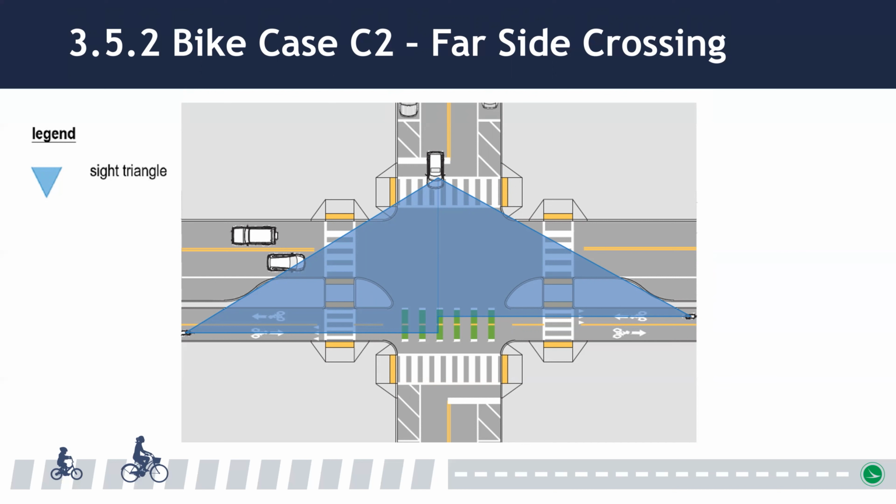As with bike case B, this case creates challenging dynamics that are often difficult to resolve by increasing the size of your sight triangle. In urban areas, it may be difficult to increase the sight triangle enough to provide intersection sight distance to judge gaps with all conflicting traffic and allow a motorist to cross all the travel lanes as well as the separated bike lane or side path on the opposite side of the street.